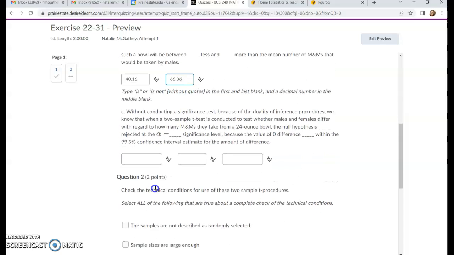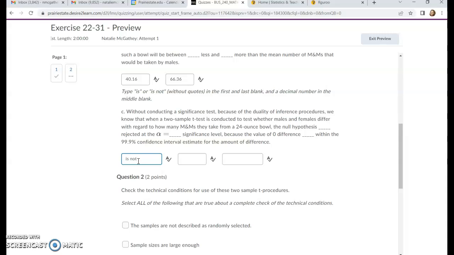Okay, so now we have to think is or is not here. Without conducting a significance test, because of the duality of inference procedures, we know that when a 2-sample t-test is conducted to test whether males and females differ with regard to how many M&Ms they take from a 24-ounce bowl, the null hypothesis is not rejected.